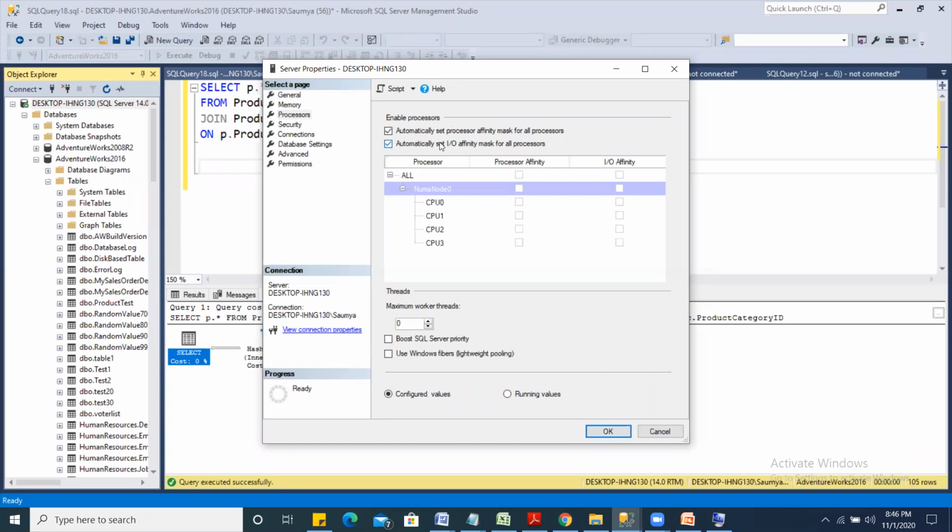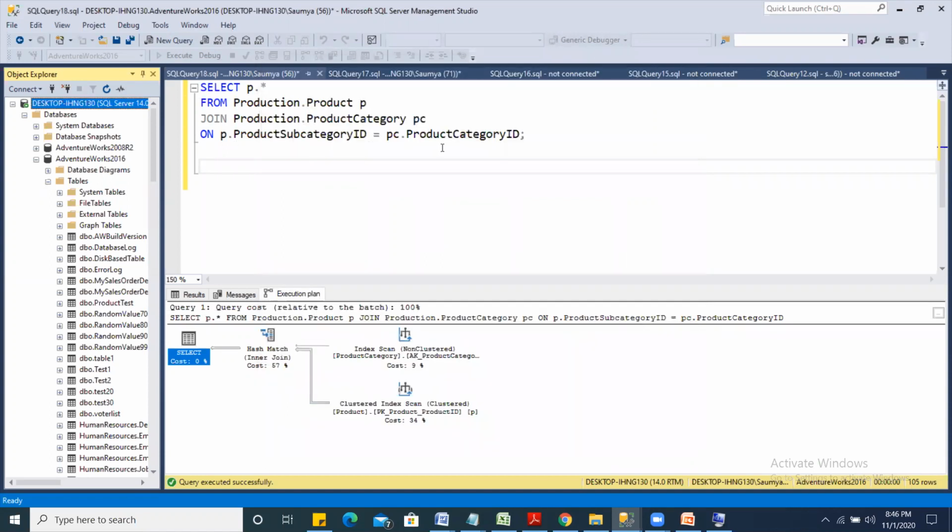Affinity means how your CPU is affinitized to perform IO tasks and processing tasks, right? Processing tasks, when I say, are completely related to computing tasks, right? It's not IO tasks. So for example, when you perform SELECT * from a table, it involves only read operations, so it's IO intensive.